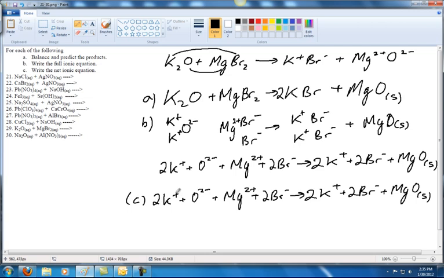We'll just be left with whatever forms the solid. So you've got the 2 K+ and 2 K+, they cancel. We've got the 2 Br- and the 2 Br-, they cancel. And what we're left with is O2- plus Mg2+ gives MgO solid, and that would be the net ionic equation. Remember, this could be written either way, Mg2+ plus O2- or O2- plus Mg2+. Gives MgO solid, and that one's it for number 29.